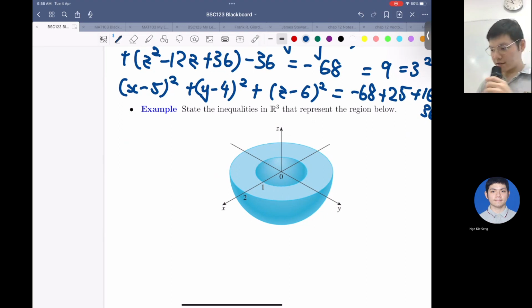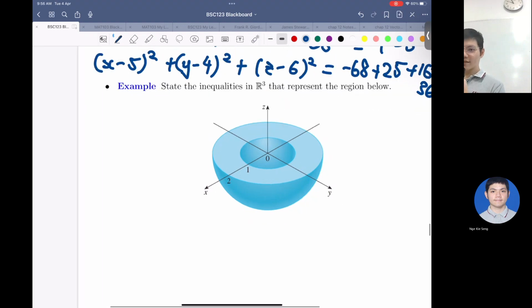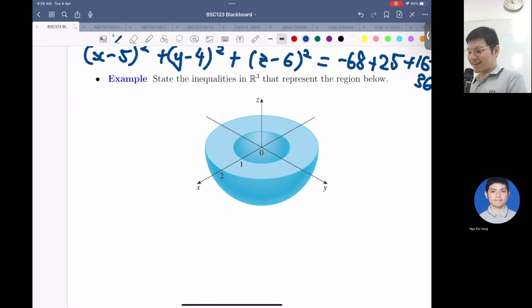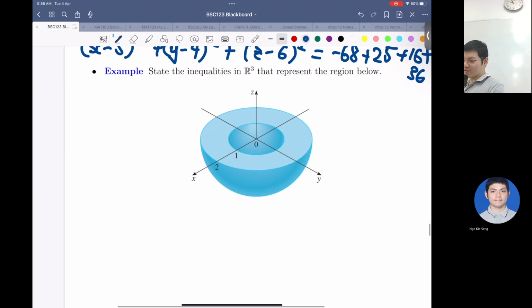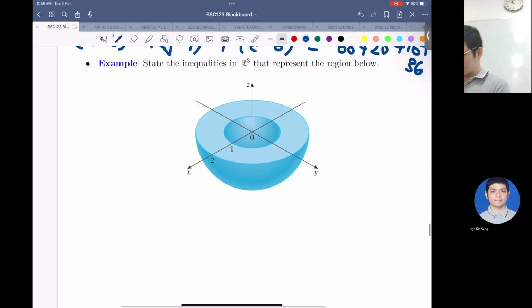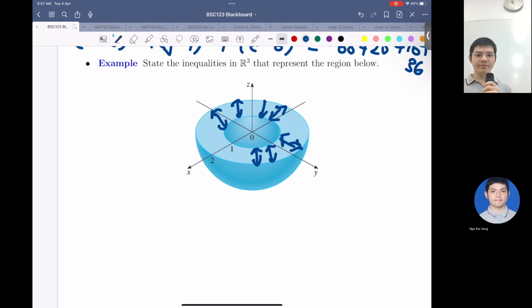How about this? State the inequality in R3 that represents the region. So this region here is somewhere in between. It looks like an apricot. So what is this?